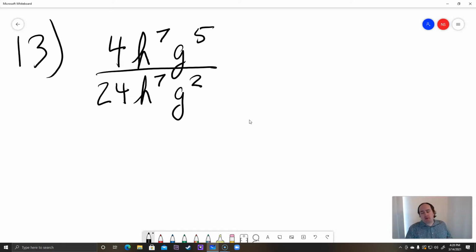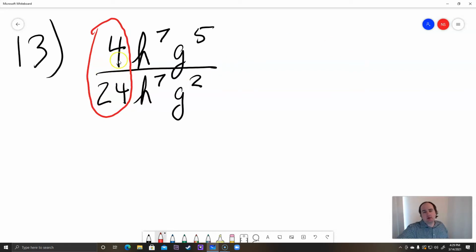Alright, so for this one, it looks kind of scary because it's got so much going on. But if you focus on each part individually, it's not actually that bad. So we're going to focus first on the 4 over 24, and then on h, and then on g. Just like when you're multiplying, you can only combine stuff that is the same in certain ways.